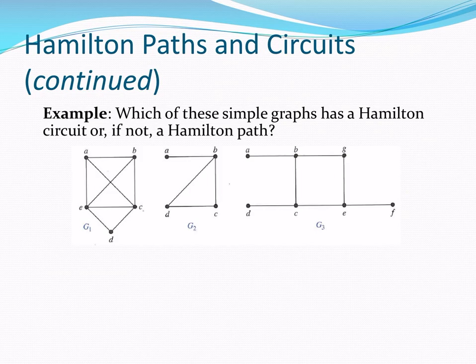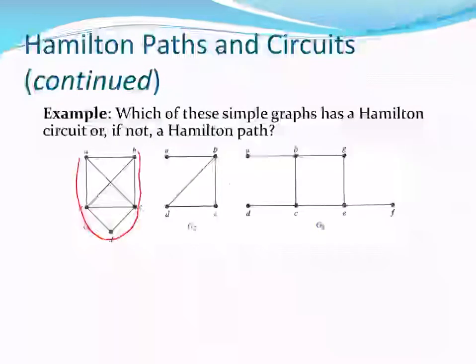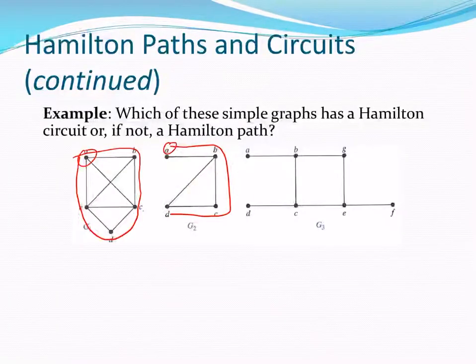And here are a few graphs. Let's see which has a Hamilton circuit, or if not, a Hamilton path. It's fairly easy to identify in G1 a Hamilton circuit. We just go around all the vertices and get back to vertex A. G2 couldn't have a Hamilton circuit because of what we call a leaf structure here, but we'll start at A and we'll be able to make a path through every vertex.